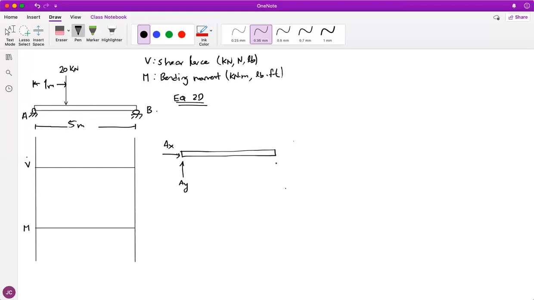And for the roller, you will have this normal at B, okay? But do not forget about this 20 kilonewtons acting 1 meter from the left tip of the beam, okay?